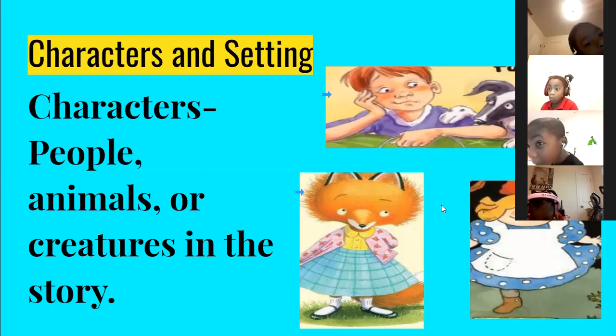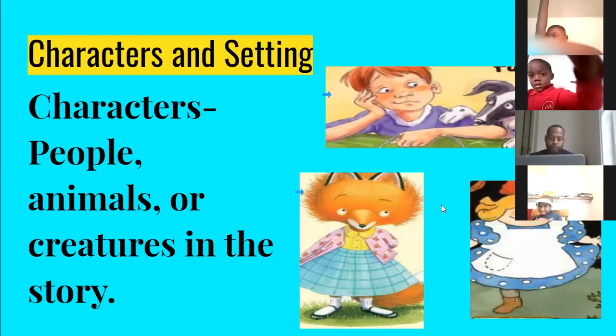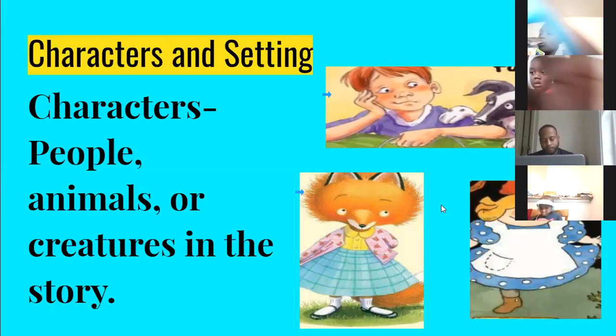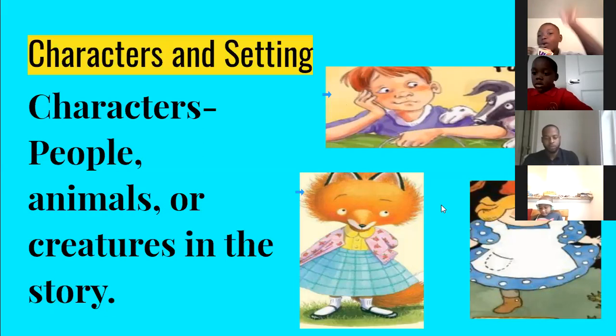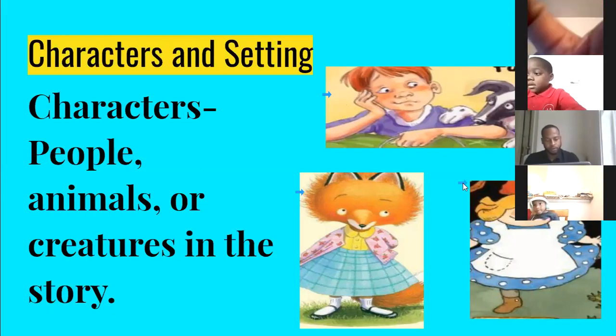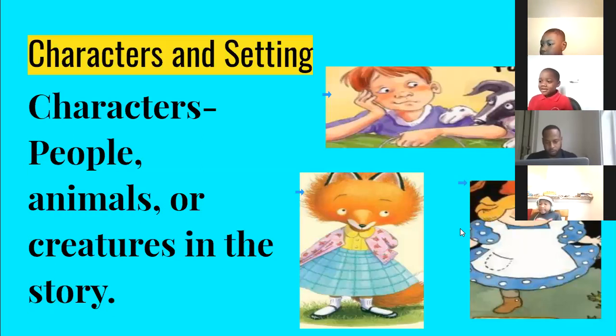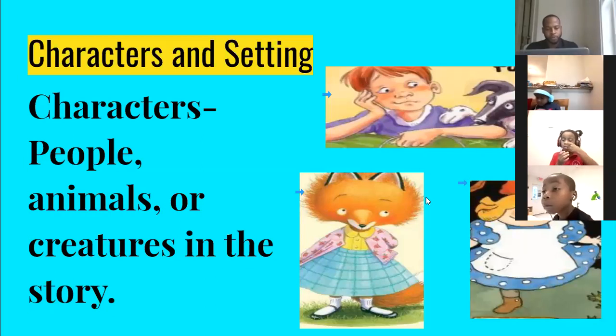Oh, Elijah, who is that? Take it off mute, Elijah. Ruthie. And who is this, Kavian? We read that story too. Goldilocks. Good job. All right, let's move on.